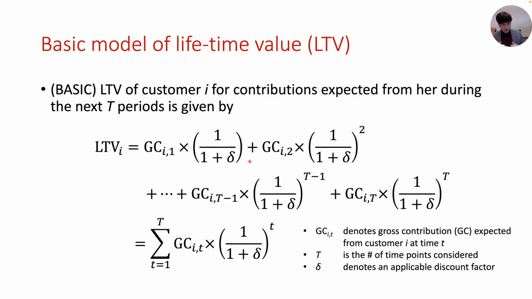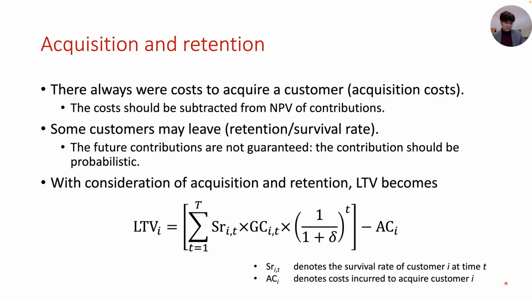In practice, managers usually take into account two more components, acquisition cost and retention or survival rate. To acquire a customer, there always were costs. The acquisition cost is a one-time cost incurred at the point of acquisition, and differs from direct costs and marketing costs to serve the customer and make sales.